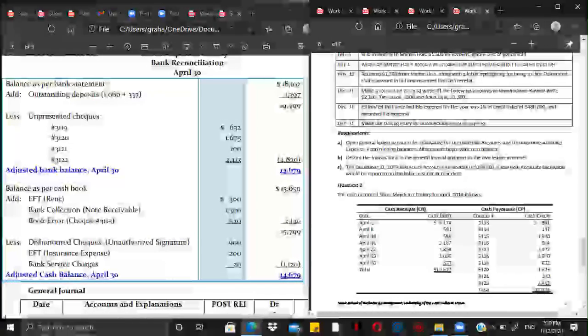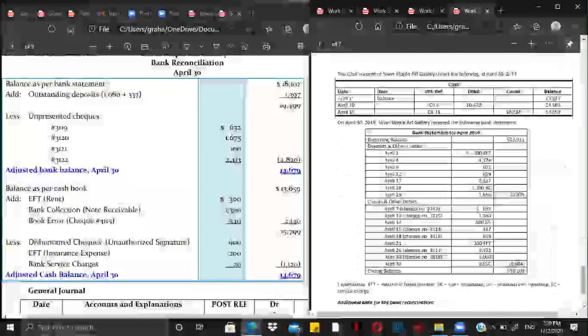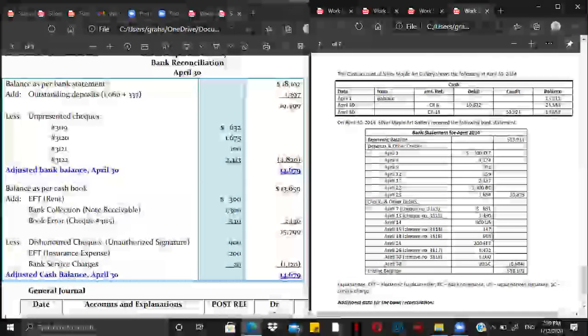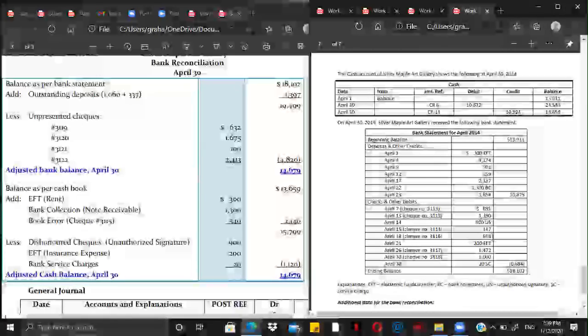So that shows up in my deposit. However, this doesn't show up in my cash book as yet, because this probably came in the evening after we finished preparing and closing off the cash book. Probably it came on a weekend, something of the sort, right?